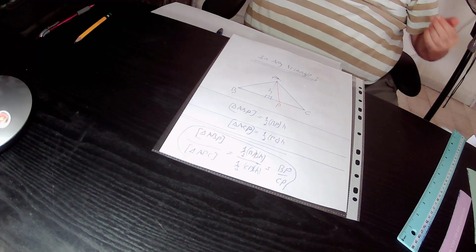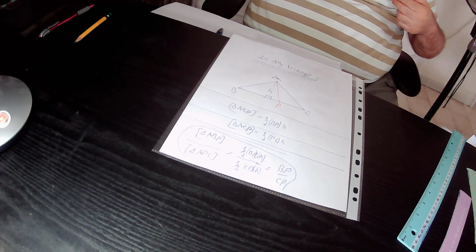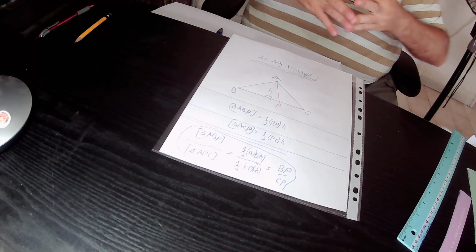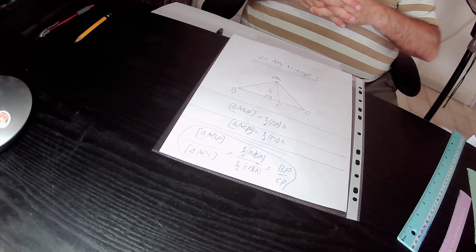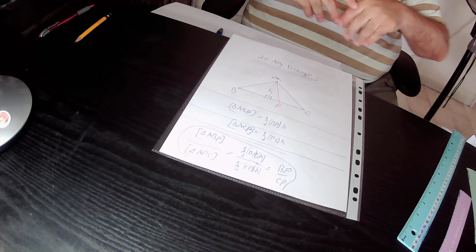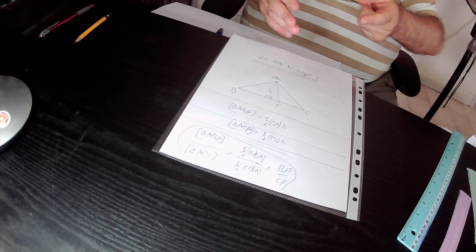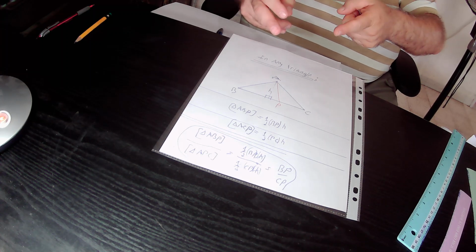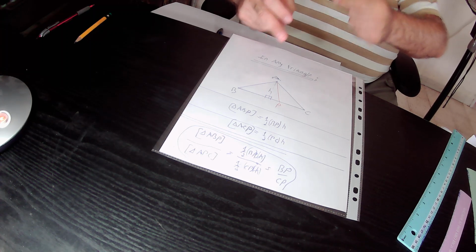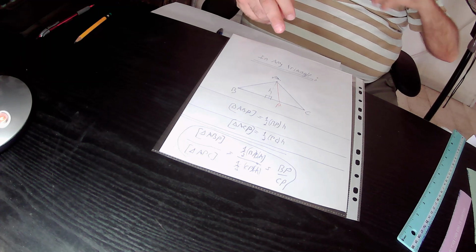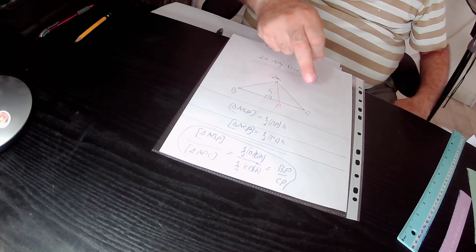So in total, whenever you divide any triangle into 2 parts, the ratio between the areas of the 2 triangles that are created is equal to the ratio between their bases. Why?